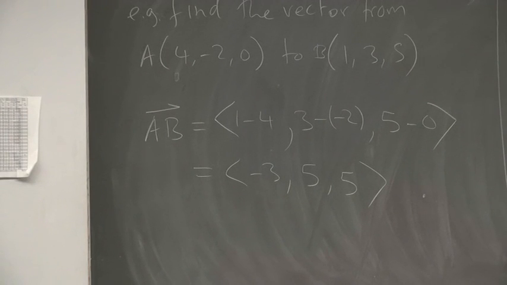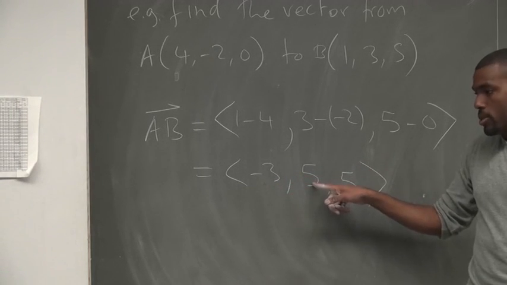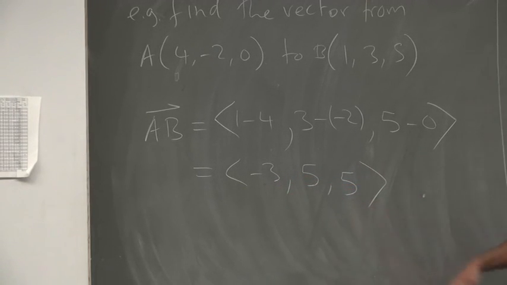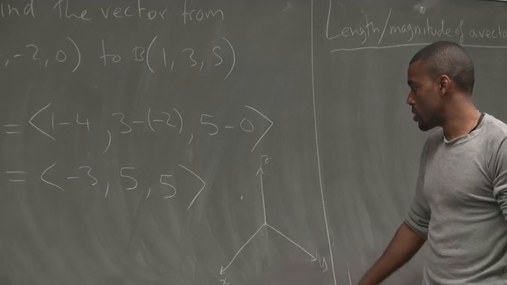So that's a vector that moves 3 units in the negative x direction, then 5 units in the positive y direction, then 5 units in the positive z direction. So for example, if I were to see what such a vector looked like in 3 space, let's say I wanted to make it a position vector, so I'm starting at the origin. What do I want to do?